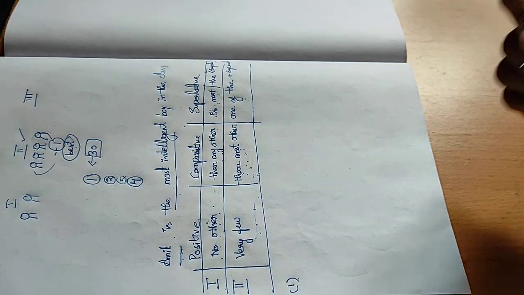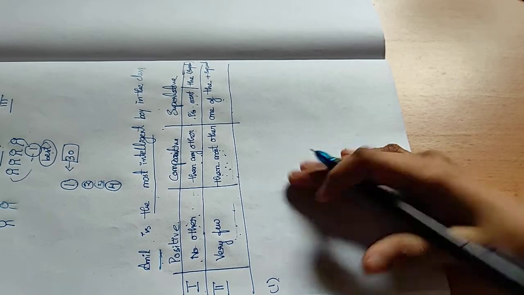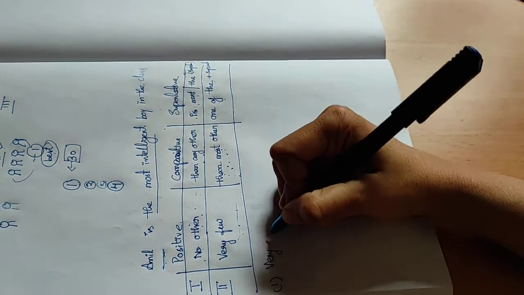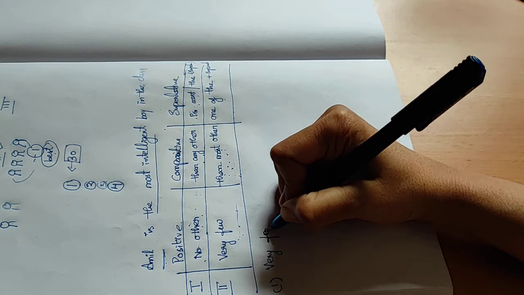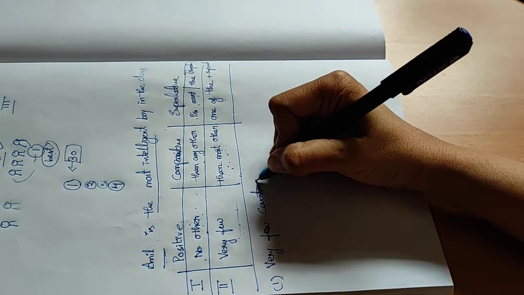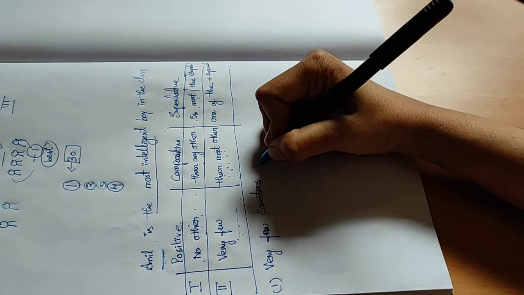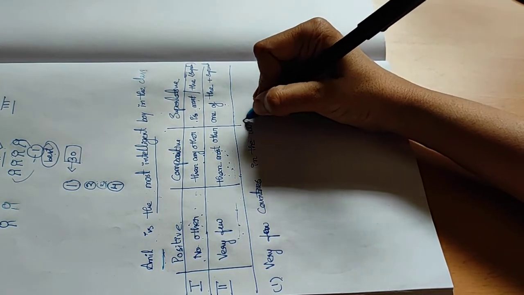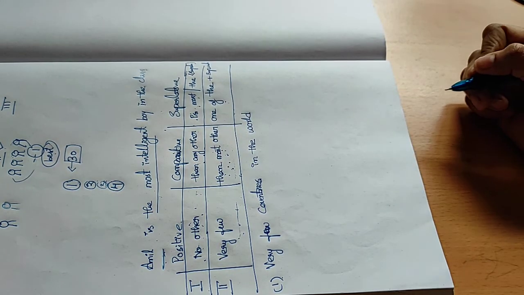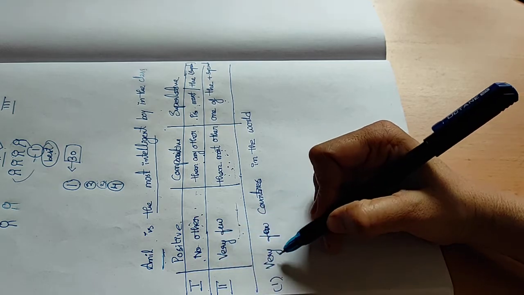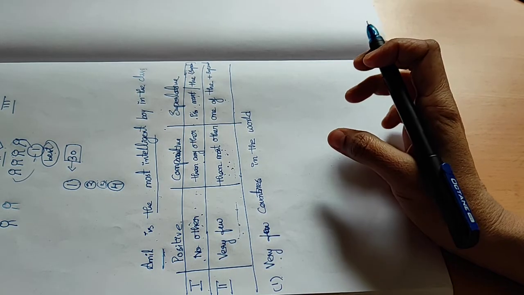For example, let me explain the example. Very few countries in the world. Okay, here I told you we have to start the positive degree with very few.